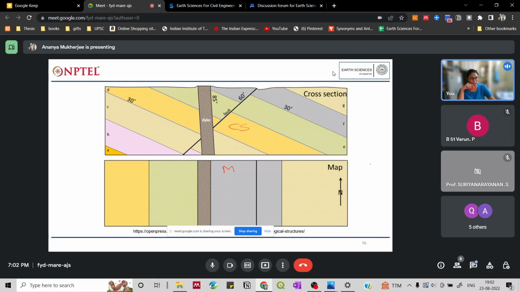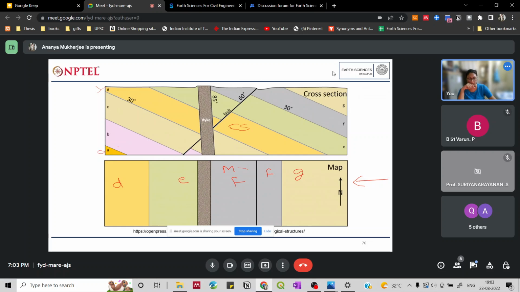You're walking on the surface in this direction, and you see G, then F bed, then again F bed, then E bed, and then the D bed. So A, B, C, D: A is the oldest and D is the youngest.